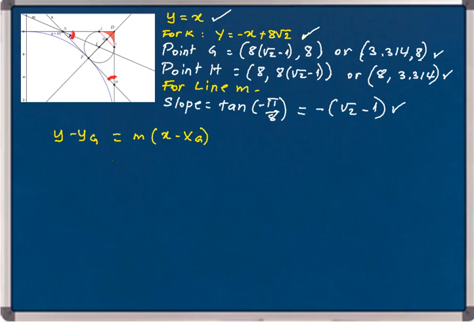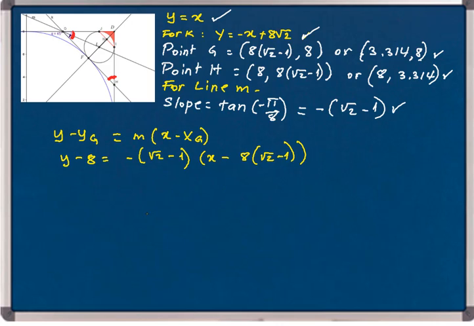So we can say that y minus 8 is equal to minus square root of 2 minus 1 times x minus the coordinate xg. That means 8 square root of 2 minus 1. This is what we are getting.